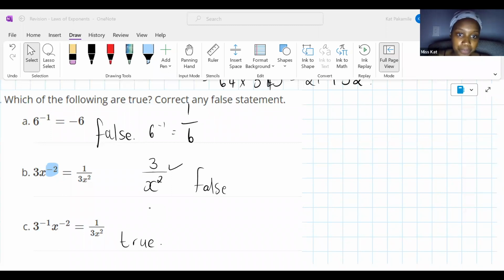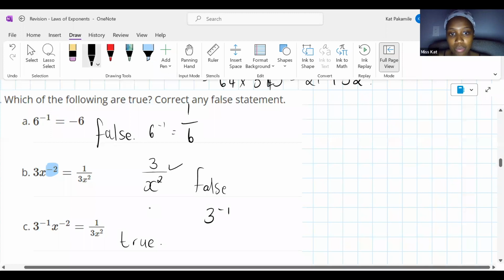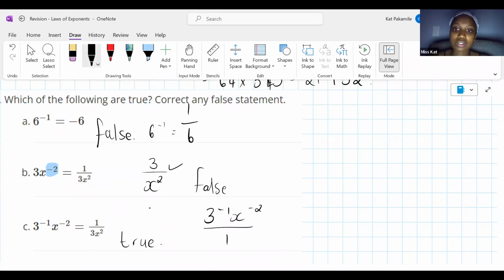So remember, when we have 3 to the minus 1, x to the minus 2, this is over 1. Any number is always over 1. If you just have a 2 and you put it over 1, it means the same thing, because 2 divided by 1 is still 2. If you want to do this in 2 steps, we can. Let's first start with the x. It's going to be 3 to the negative 1.